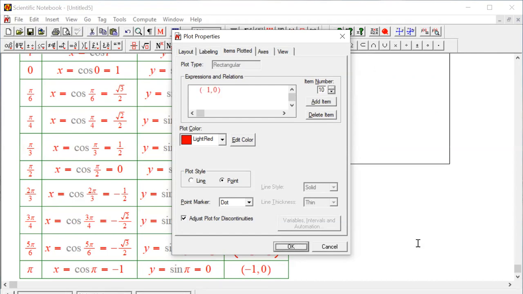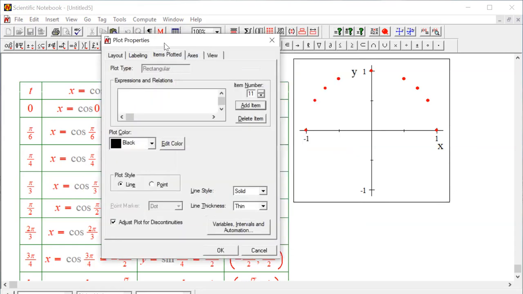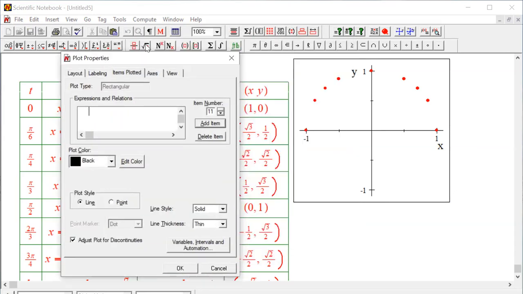There. Right, so the half circle has finished. So from time 0, as t increases, we get this half circle. If we connect these dots, the trajectory is going to be like this.